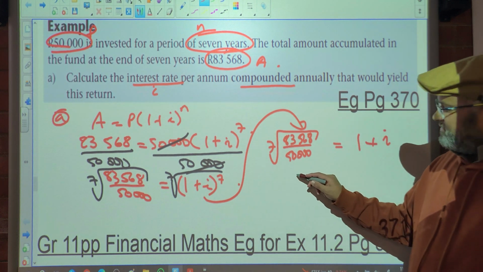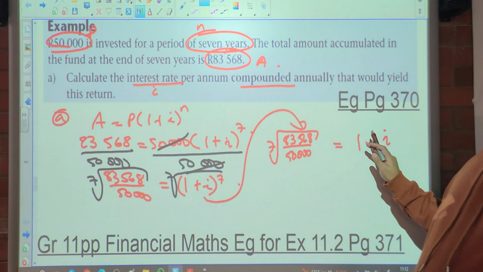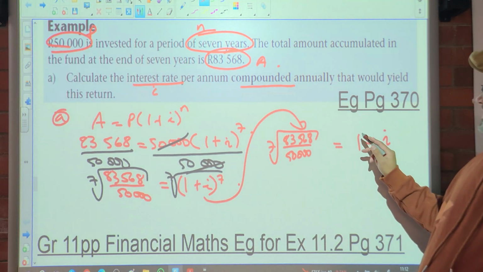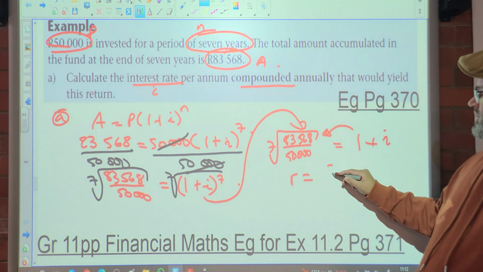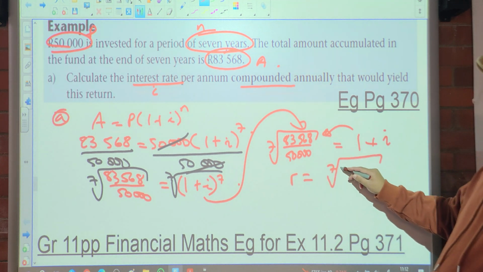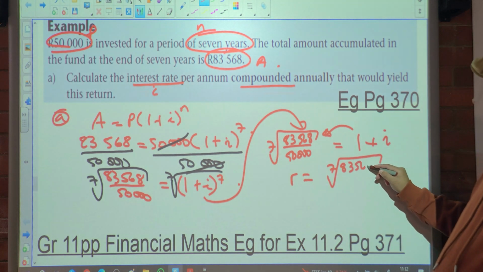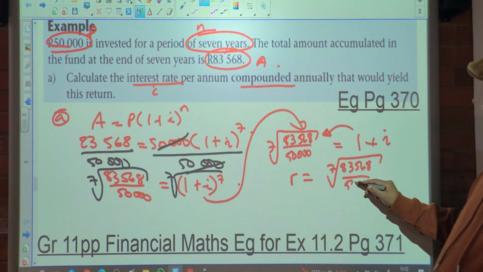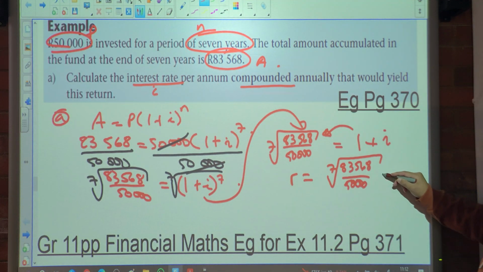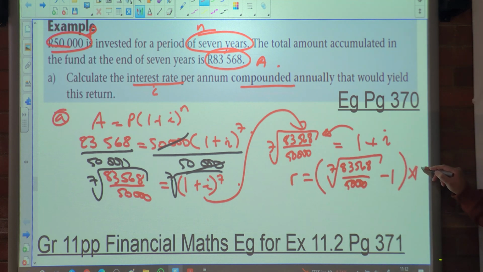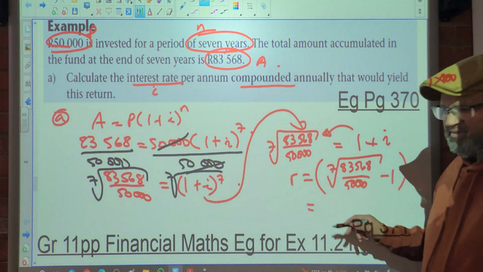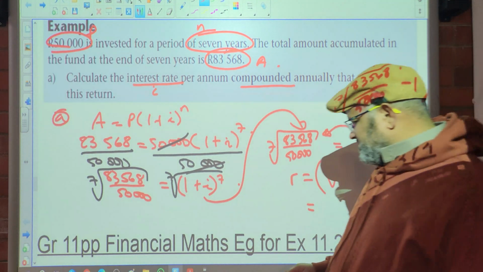Take the 1 over. And then I'm left with I, which I must multiply by 100 to get your rate, the percentage in other words.